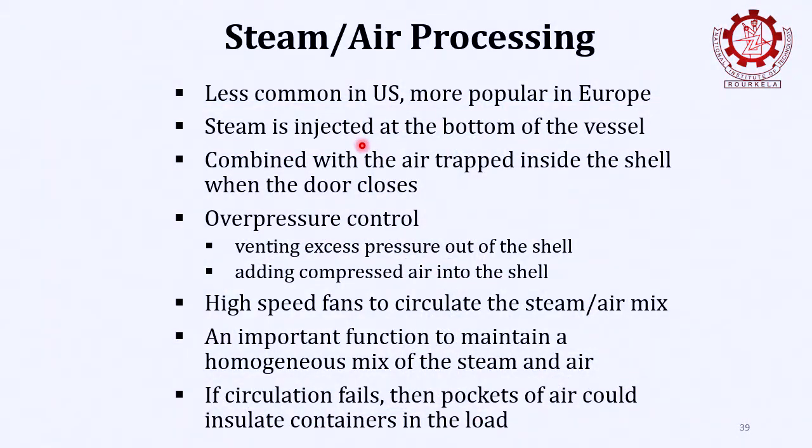And it says they are less common in the US and more popular in Europe. And this steam is injected at the bottom of the vessel. You combine it with the air which is already trapped inside, and then you can use fans to circulate air within the vessel.